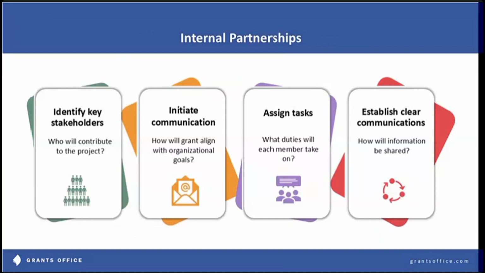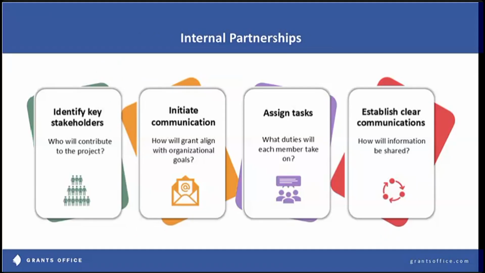So when we talk about partnerships, we talk about internal and external partnerships. First, internal partnerships. We need to identify internal stakeholders. This will be key in developing the project. Look for individuals or departments with the right expertise: executive leadership for strategic direction, finance for budget and viability, IT for technical support, and others who can contribute specialized knowledge that you may not have.